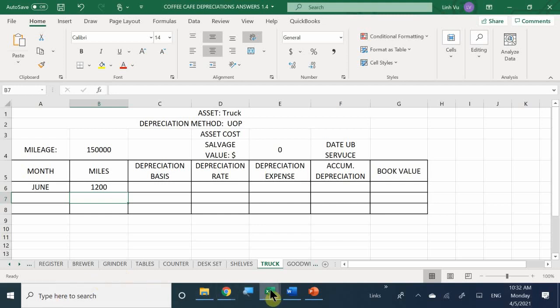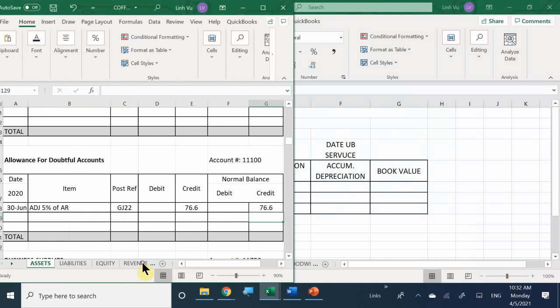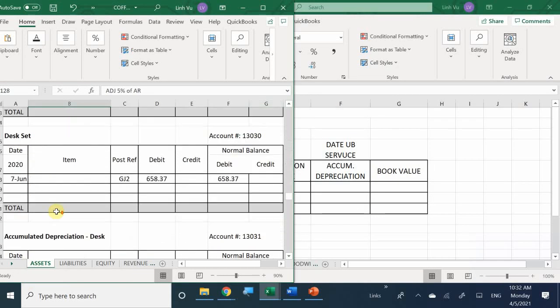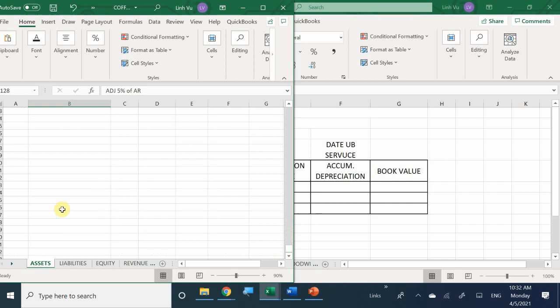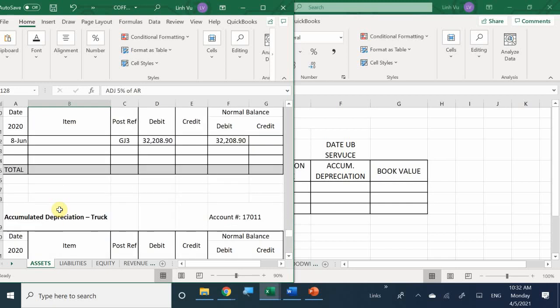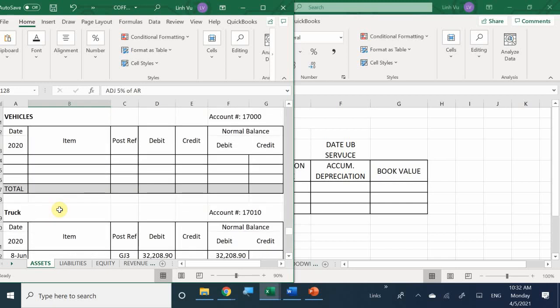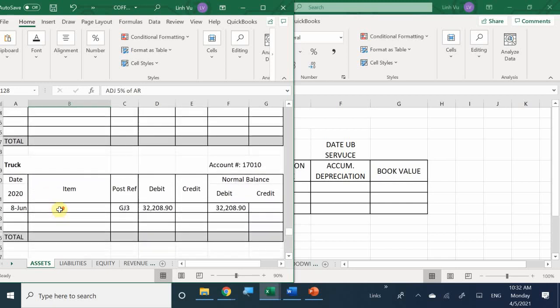Excellent. So, if I go to my ledger and I go to assets and I scroll all the way down till I find my truck. Here it is, truck. I purchased it on June 8th.